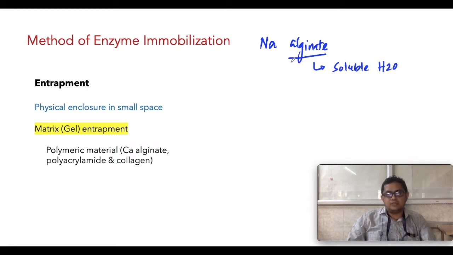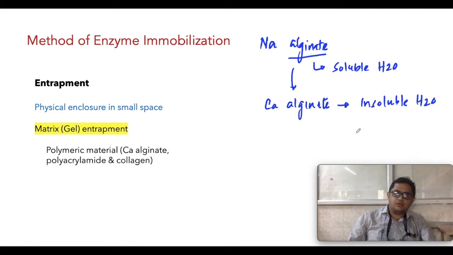But if alginate is associated with calcium, like calcium alginate, it becomes insoluble in water. This is a property that we normally exploit in the lab session.